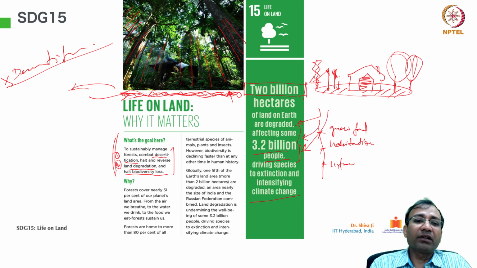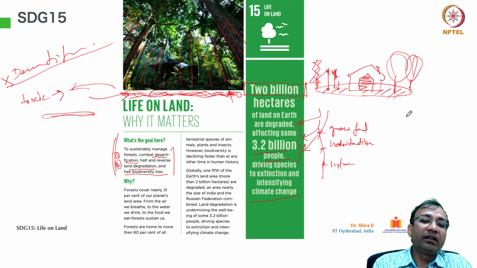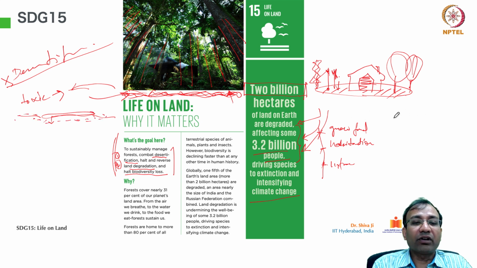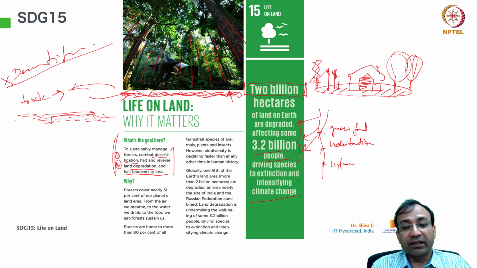For example, if toxic effluents are discharged on a piece of land, that kills the living forms, and it makes the whole soil and its surrounding areas very toxic. For human habitation also it becomes uninhabitable.